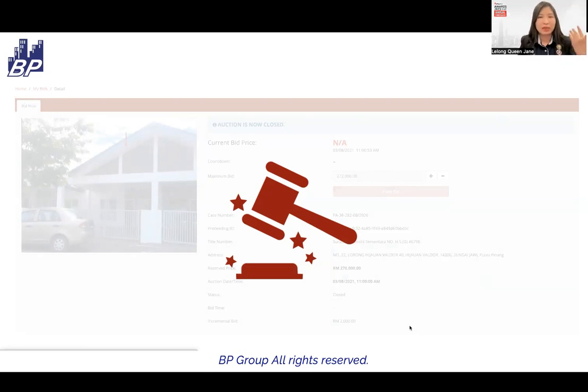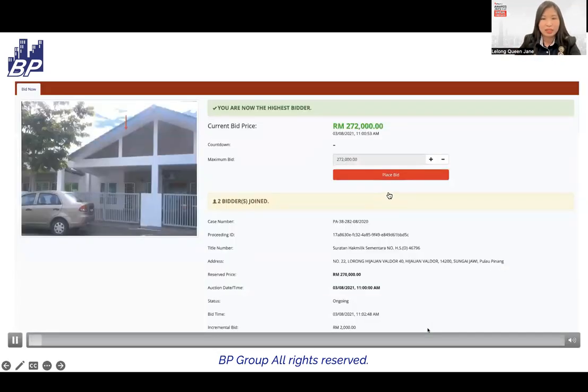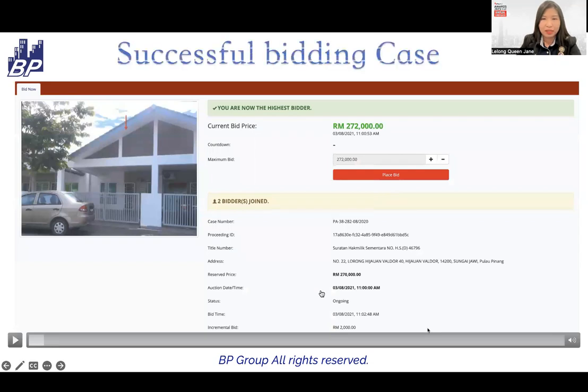We successfully sold the property for our investor, and there is around 30 to 40,000 net profit for the investor. Let's give the investor a round of applause. Congratulations to him. So this is a really successful bidding case conducted and successfully sold by us.